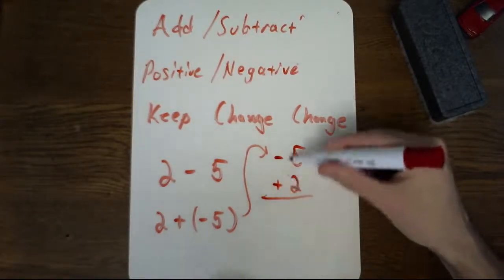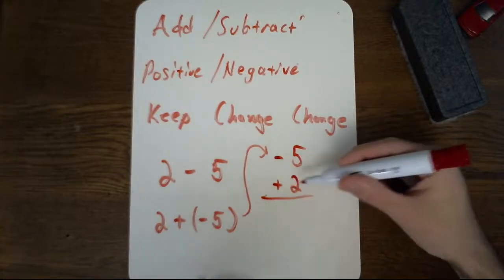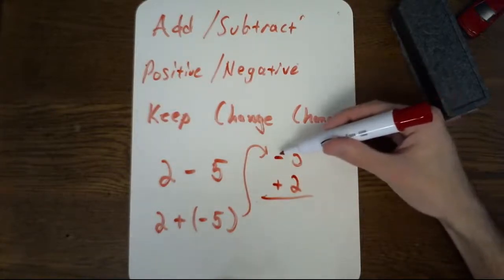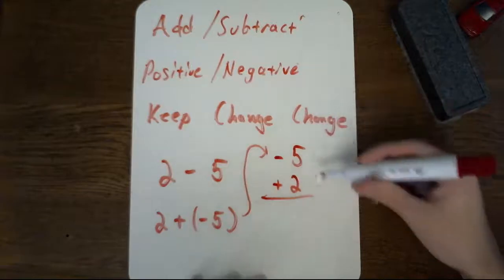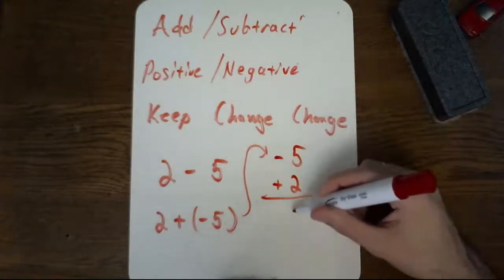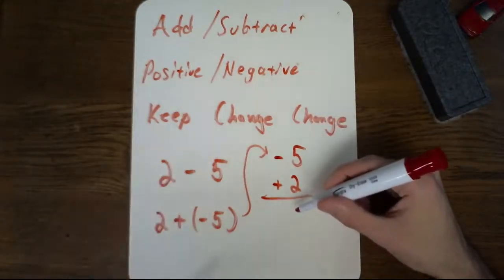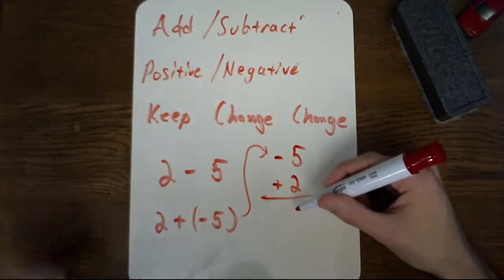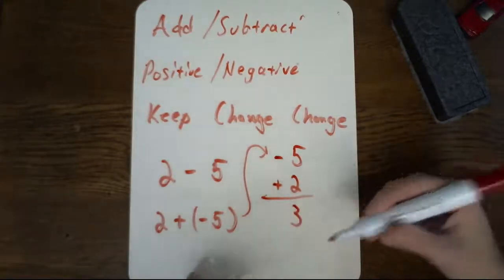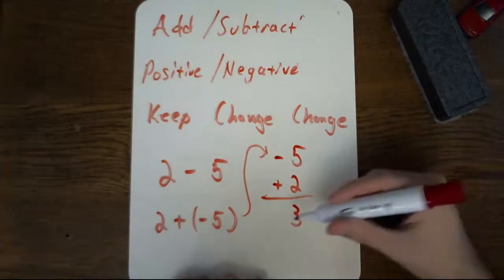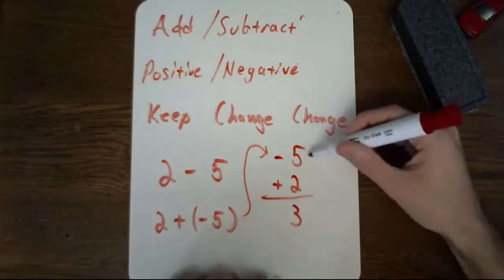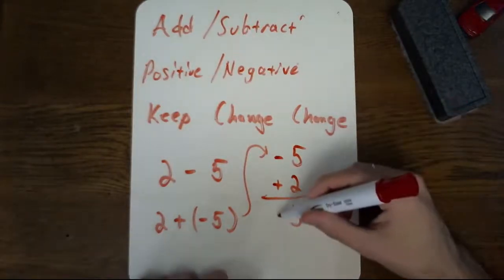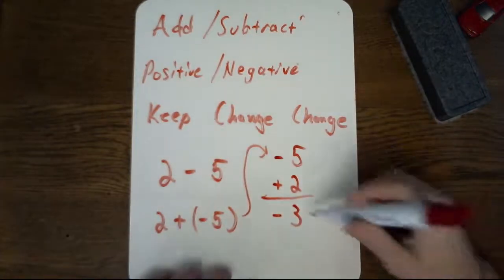Well, if they have two different signs, you find the difference. So here's negative and a positive. So you can think of it as 5 minus 2, which if a hobo came up to you on the street, hey buddy, what's 5 minus 2? You'd say 3 and then get away from me, or maybe you'd give him change or something. But the thing is, this 5 has the greater absolute value. So we have to keep it negative.